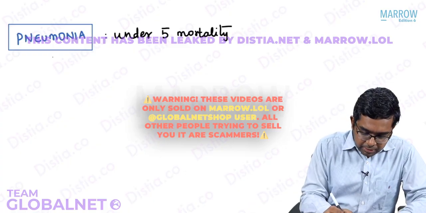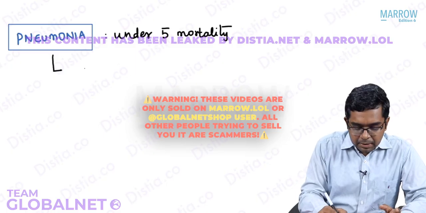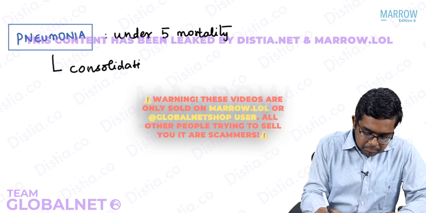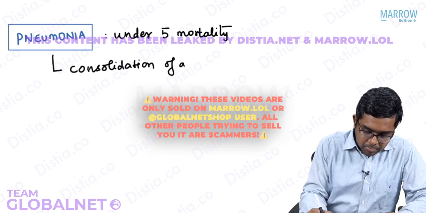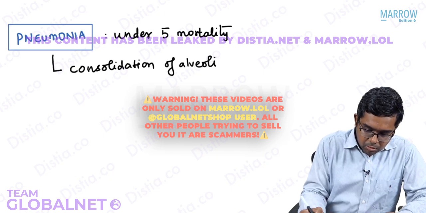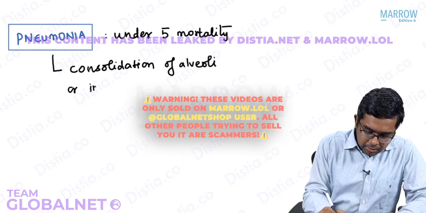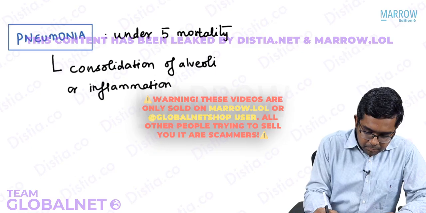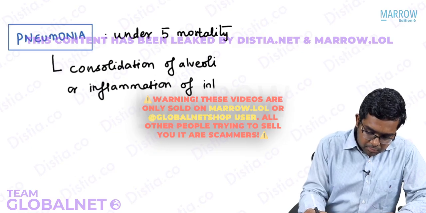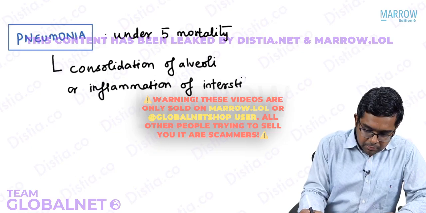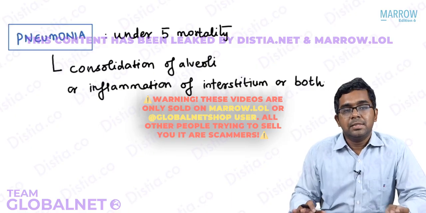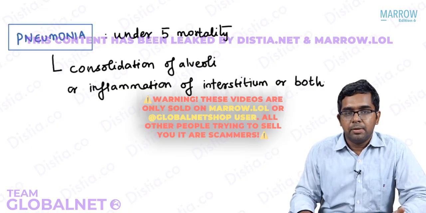Pneumonia can be defined as a pathological consolidation of alveoli or it could be an inflammation of the interstitial tissue, which is surrounding the alveoli, or it could be both. That is what is a pathological definition of pneumonia.